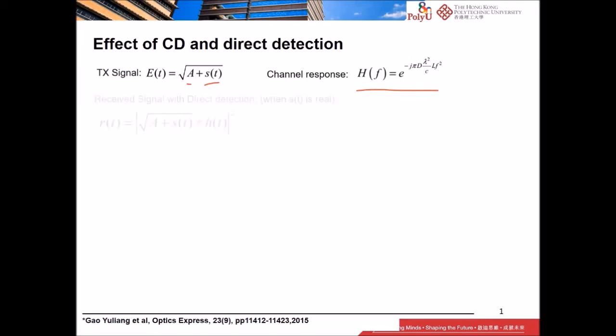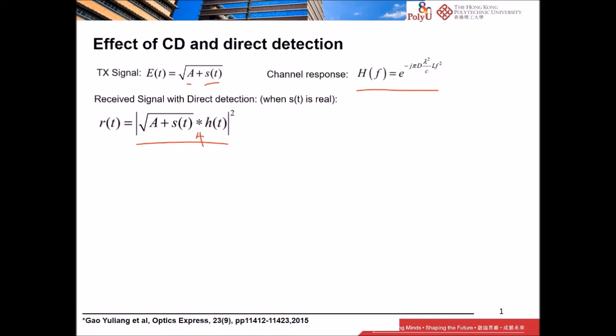The interesting thing is what happens when direct detection at the receiver is combined with CD. The received signal is the received electric field magnitude squared, given by this here, where of course this is the convolution. And when A is large, you can approximate this as the following.